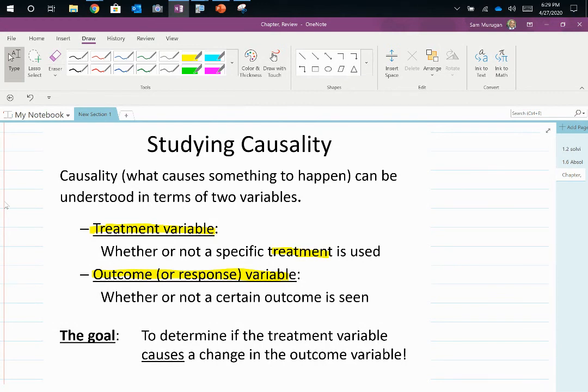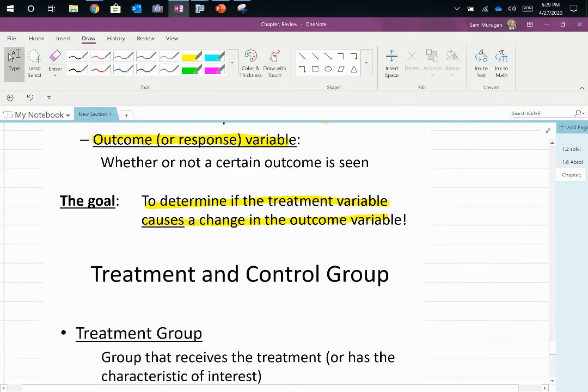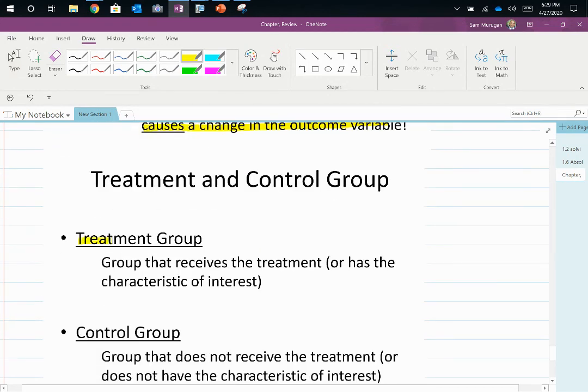So the outcome variable is sometimes called the response variable. The goal here is to determine if the treatment variable causes a change in the outcome variable. The treatment group receives the treatment or has the characteristics of interest. The control group does not receive the treatment or does not have the characteristics.